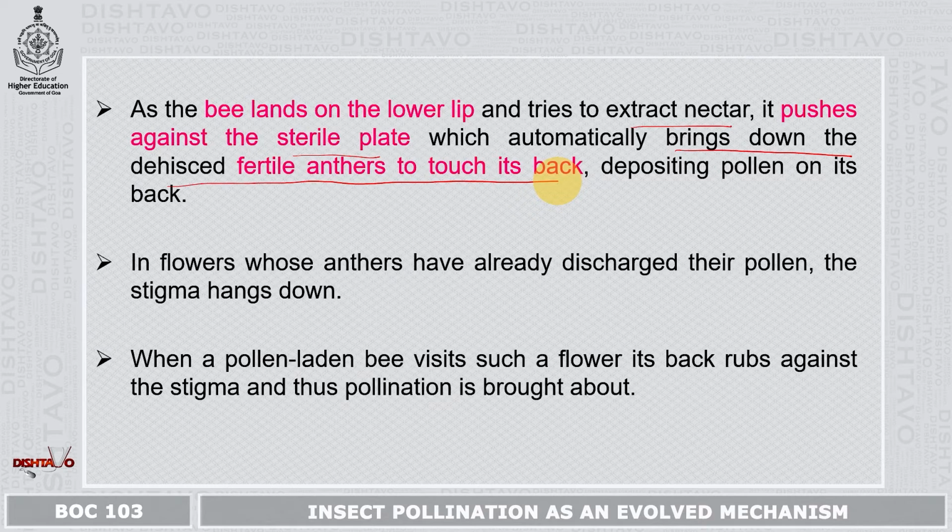In flowers whose anthers have already discharged their pollen, the stigma hangs down. Now, when a pollen-laden bee visits such a flower, its back rubs against the stigma, and thus pollination is brought about.